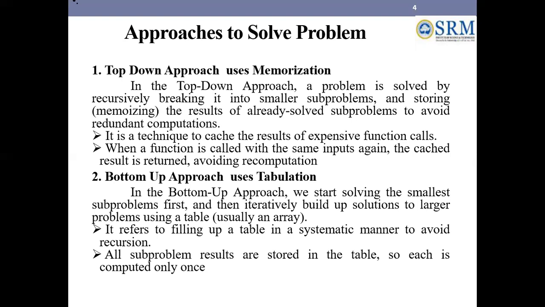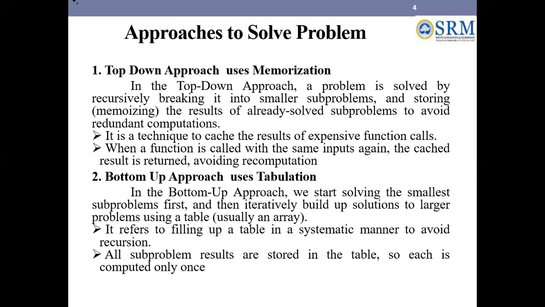In the case of the top-down approach, we are using recursive algorithms. The complex problem is divided into a number of subproblems and the problems are solved recursively. If a problem occurred more than once, the results are stored in a table or cache memory. This technique is to cache the results of expensive function calls.